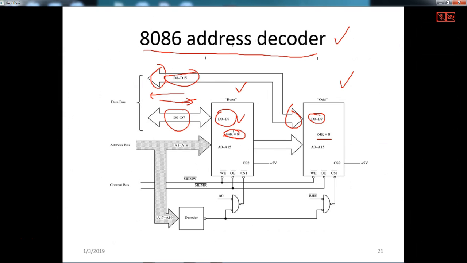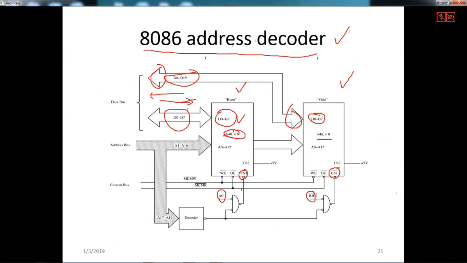The even bank chip select is connected to A0, and the odd bank chip select is connected to bus high enable from the microprocessor.